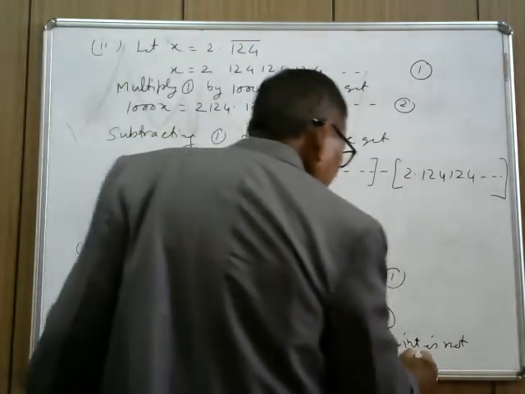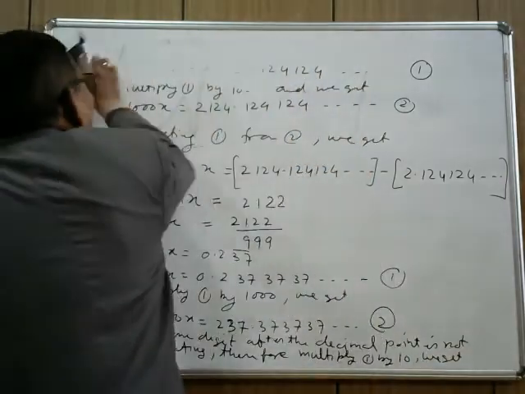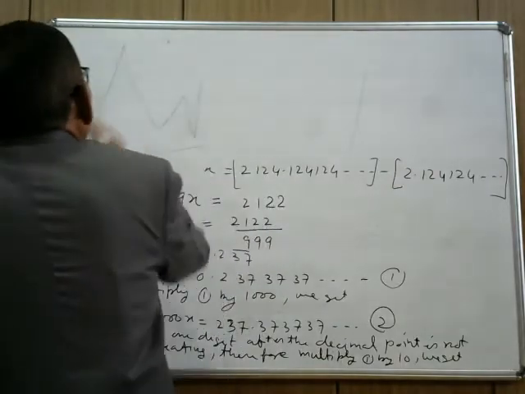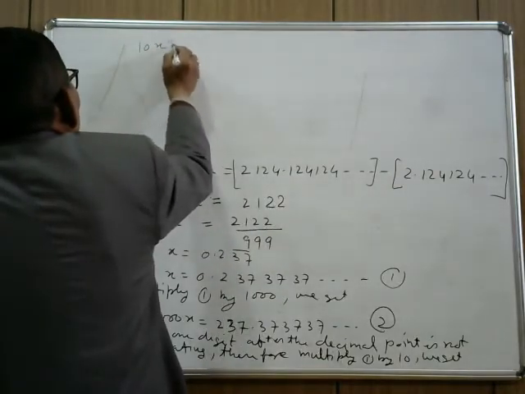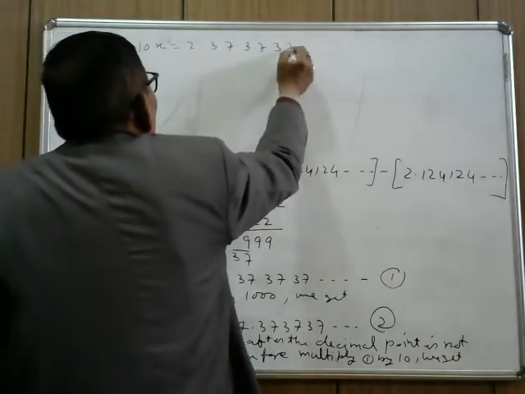We get 10x equal to 2.37, 37, 37 and so on.